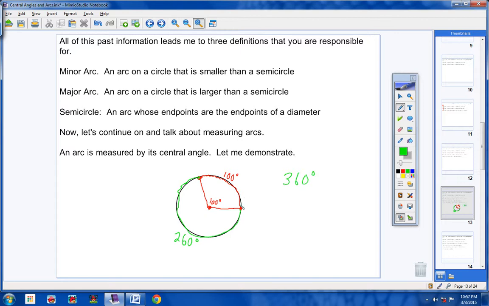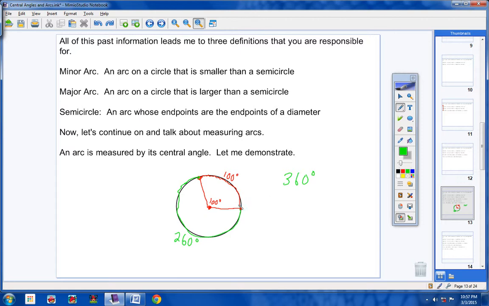So if from here to here is 100, then from here to here has to be 260 to make it 360. So this angle right here is really 260 degrees, and you'll get more into big angles like this in calculus, or pre-calculus and trigonometry next year.